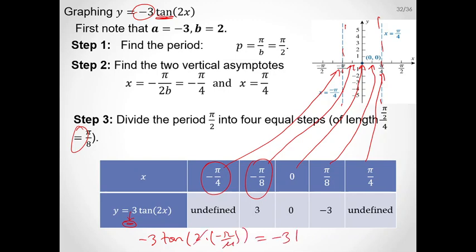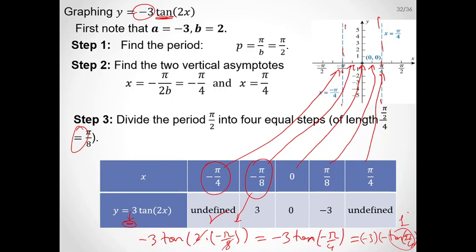So this will be -3 tangent negative. So this will be undefined. And you can put minus pi over 8 here, and this will give us minus pi over 4, and now you take this minus out, so it will be minus tangent pi over 4, which is 1.